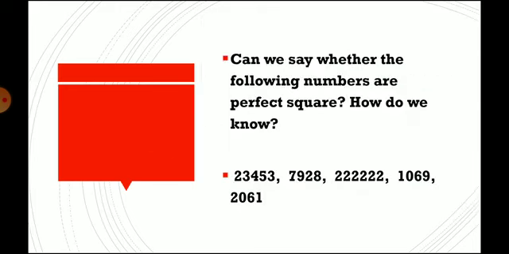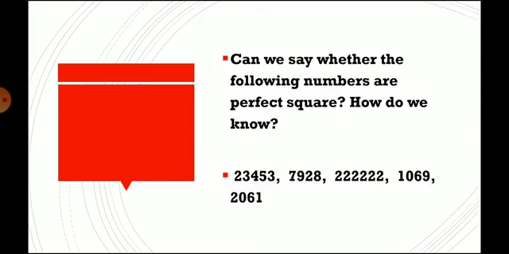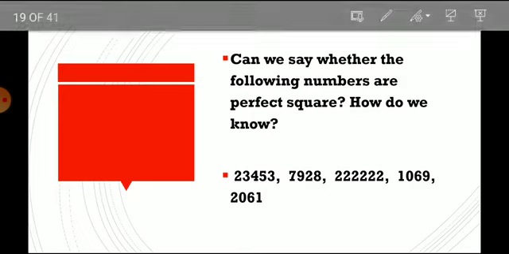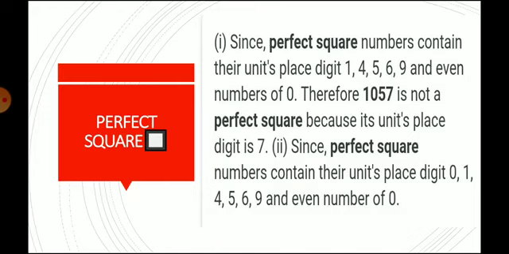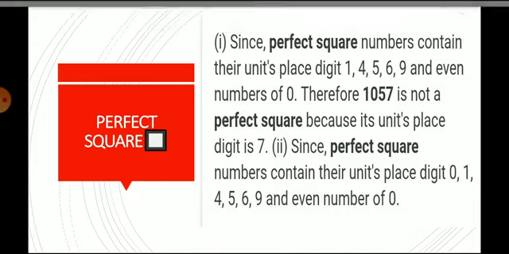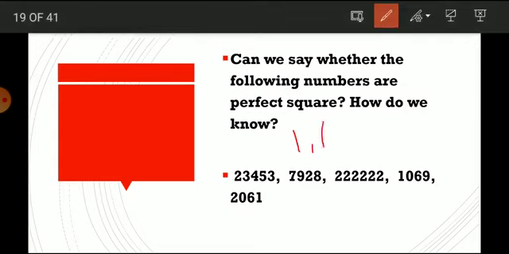Can we see whether the following numbers are perfect squares, and how do we know? First we check the units place against 1, 4, 5, 6, 9, sometimes 0.